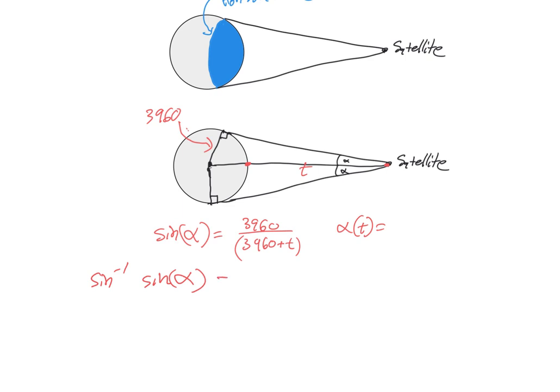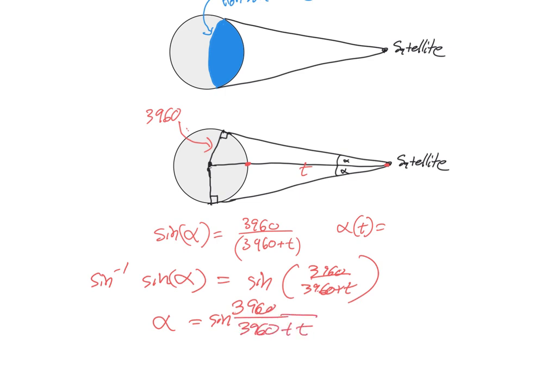And that is going to be the inverse sine of this whole fraction, leaving me with alpha equals inverse sine of 3,960 over 3,960 plus t. And that would then be my alpha in terms of t. That's my equation for alpha of t. It's the inverse sine of what I'm doing there.